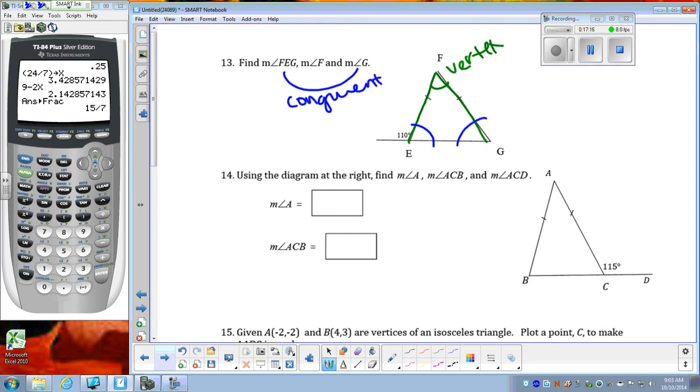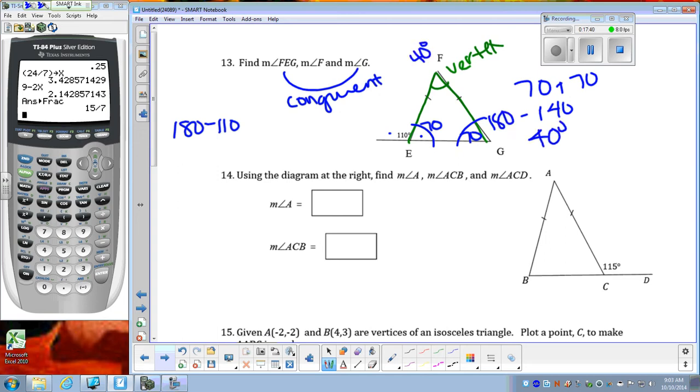So, an easy way to find angle E: I know it makes 180 degrees with the 110, so I do 180 minus 110. So I know angle FEG is 70 degrees, which makes angle G also 70 degrees. So then for angle F, 70 plus 70 is 140, and subtract that from 180 to get that angle F is 40 degrees.